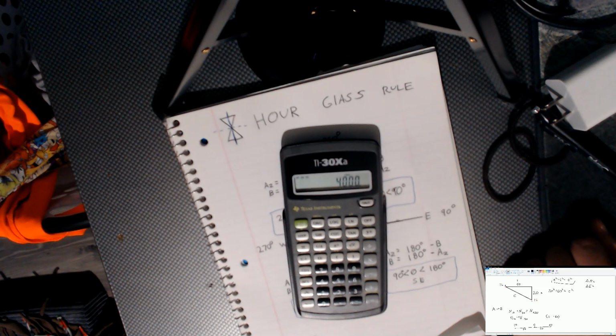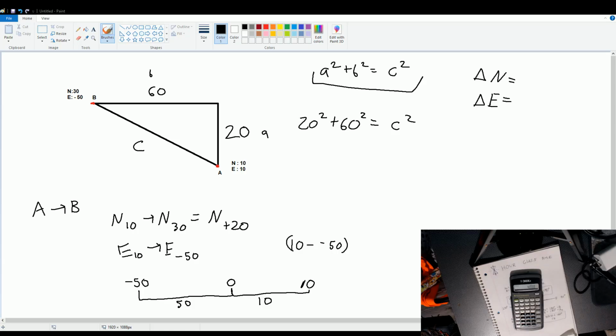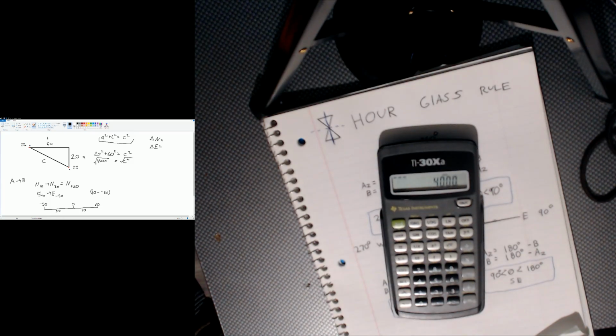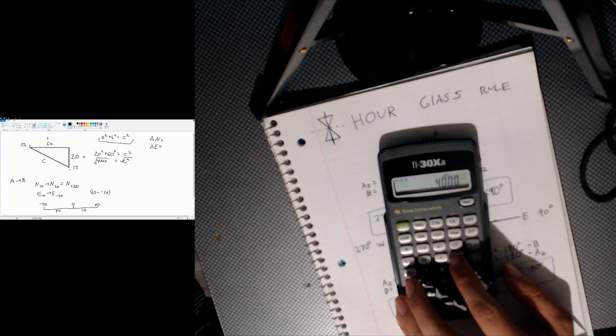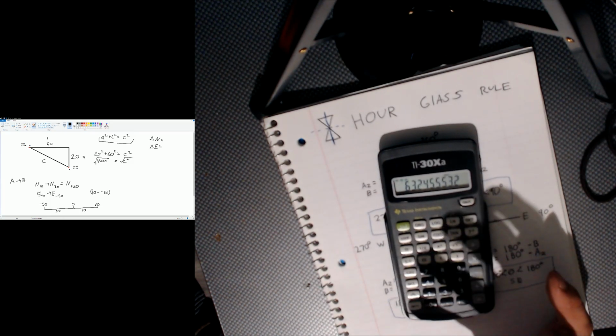We get 4,000. 4,000 is going to be equal to C squared. C squared is equal to 4,000. And we want to get C by itself, so we're going to square root both sides. Square rooting both sides.